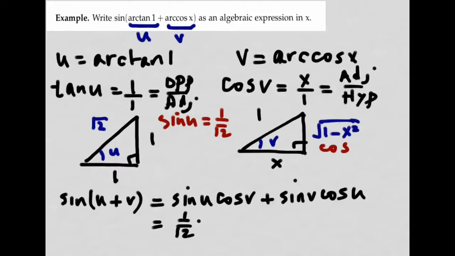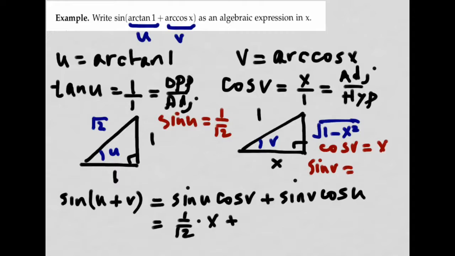Cosine v is the adjacent divided by the hypotenuse, so this is none other than x, plus, next we need sine v, so we need the second triangle. What is sine v?